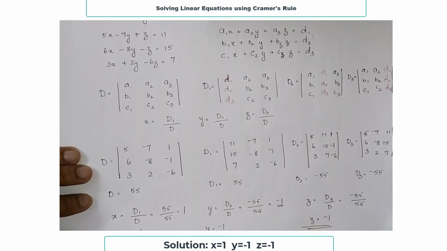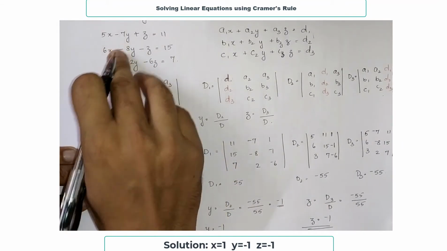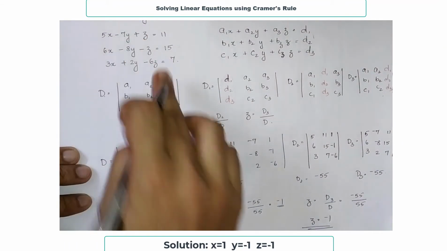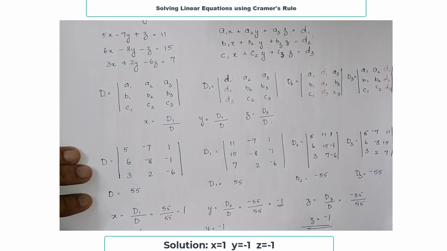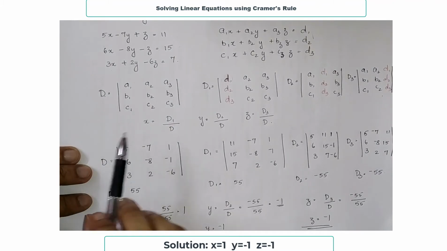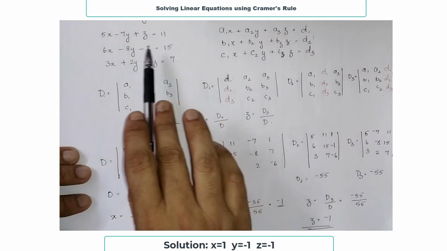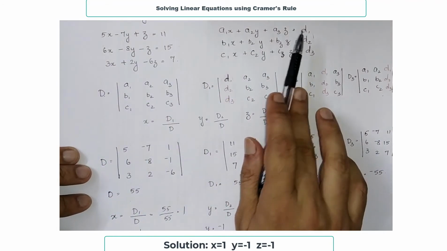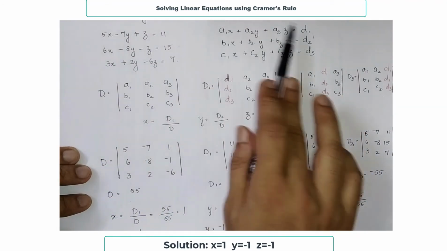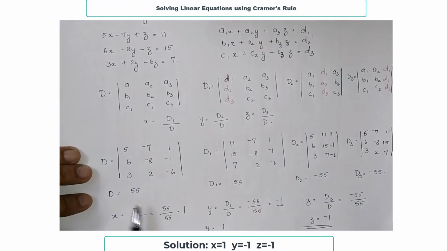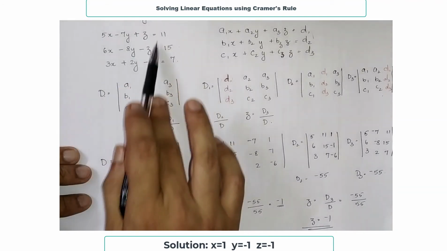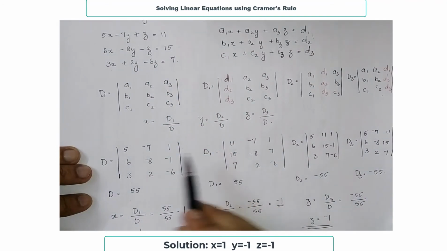You can cross check by putting these values in any of these equations, and you will get the answer. So I'll just repeat what we did: we wrote this equation in this particular format, but you don't have to write this for your exam. You can directly go with your solutions from here. Determinant D is the coefficient matrix.